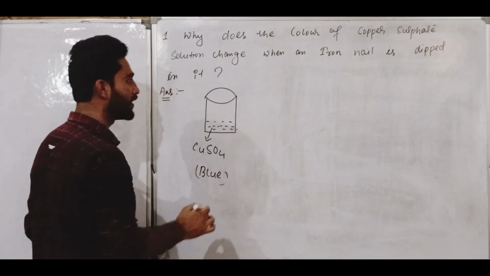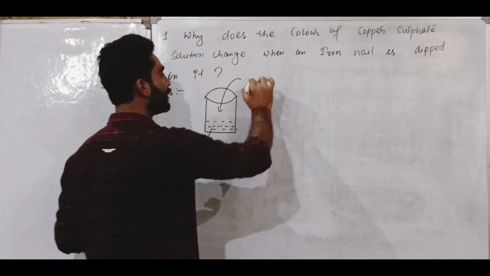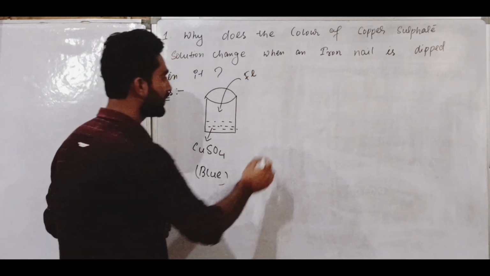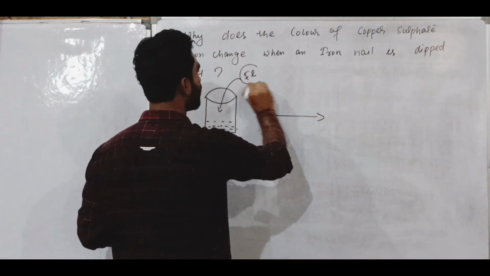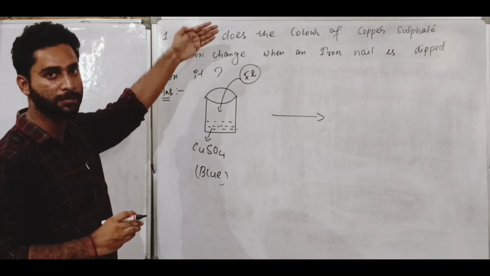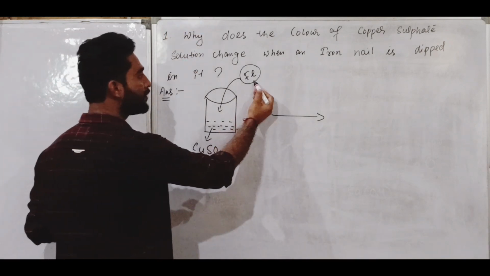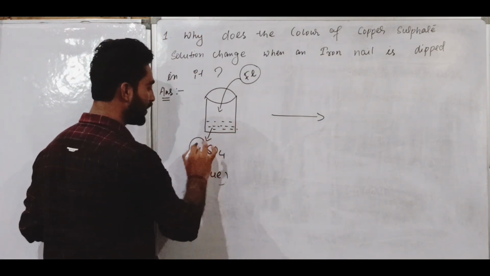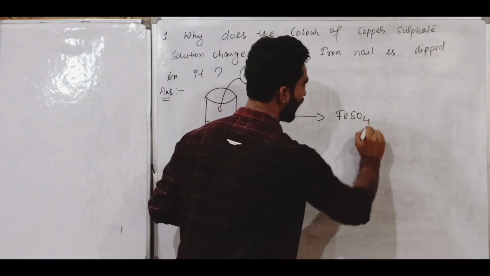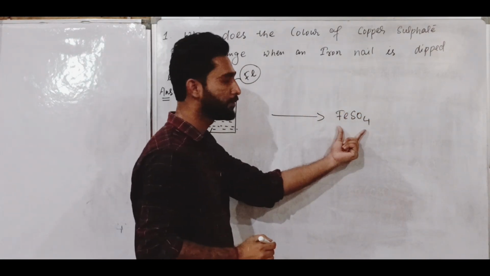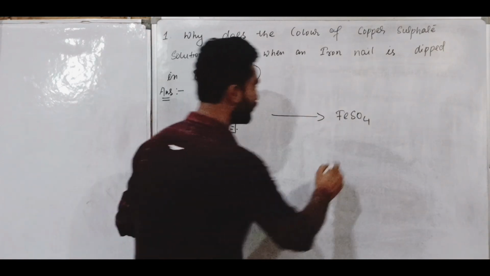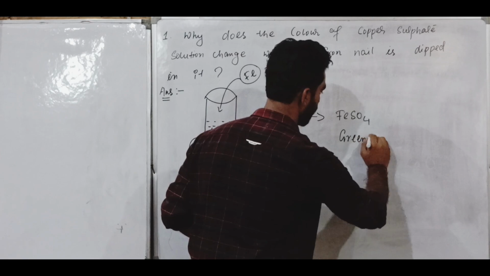Now, if we dip some iron nail or any iron object into this beaker, then iron is more reactive than copper. In the reactivity series, iron is placed above copper. So iron being more reactive, it will displace the copper and form ferrous sulfate or iron sulfate. And because of this formation of ferrous sulfate, the color of the copper sulfate changes from blue to green.